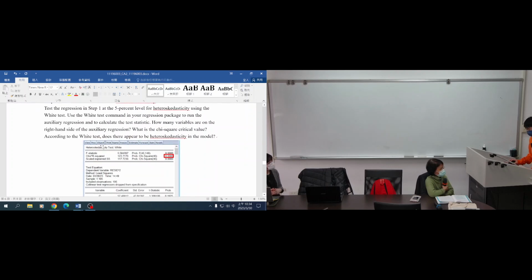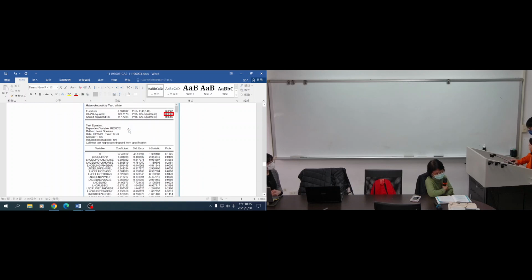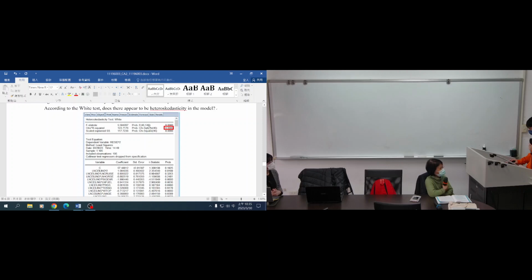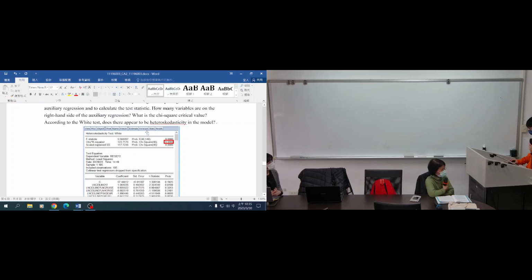Step 5: test the regression in step 1 at the 5% level for heteroscedasticity using the White test. So the result for the White test is here. The question is how many variables are on the right-hand side of the auxiliary regression? According to the chi-square here, there's 46.